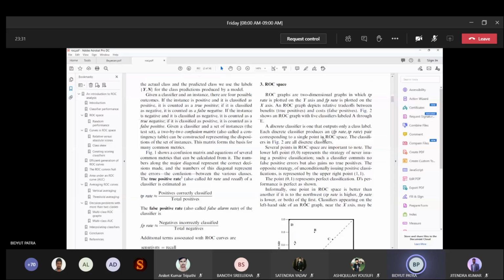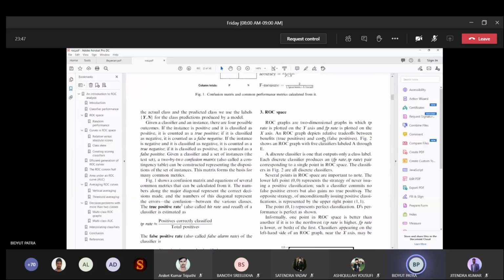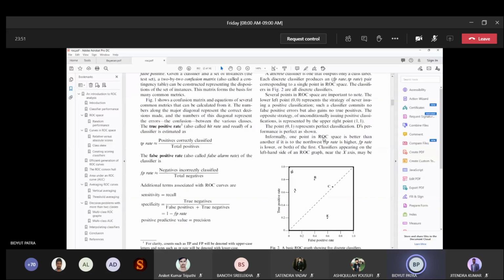This is the scenario when both of these parts will be 0, so the false positive rate is 0 and the true positive rate is 1. Therefore, if the values of a classifier are close to this region, that classifier is the best classifier, with value 0, 1.